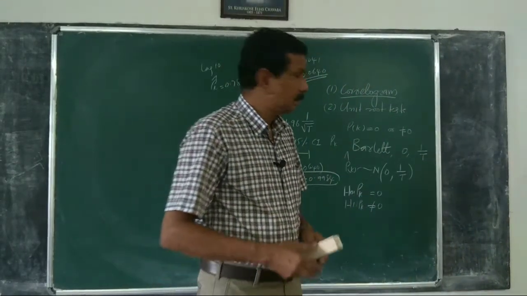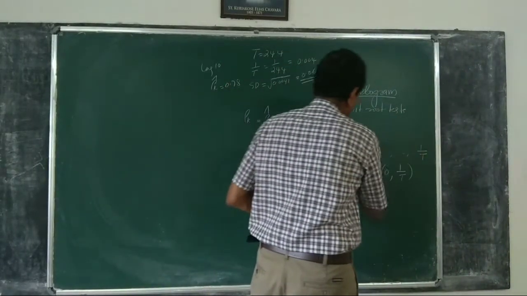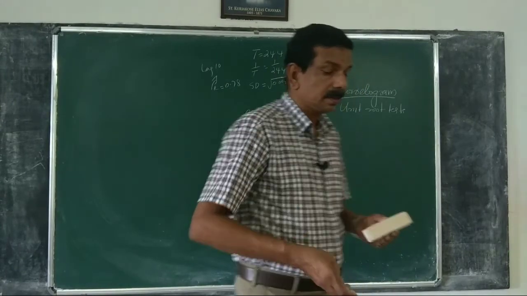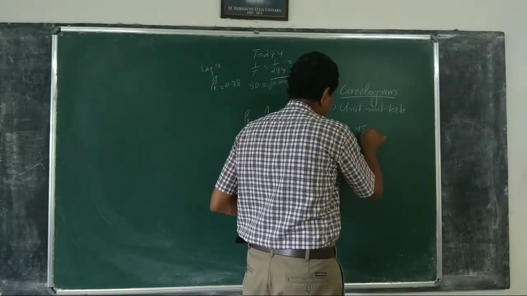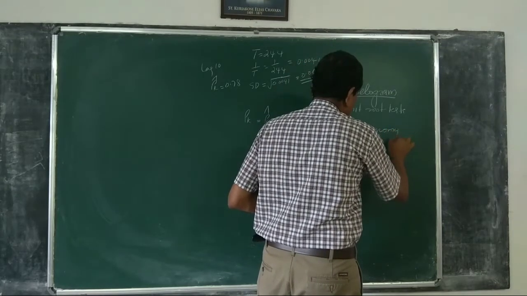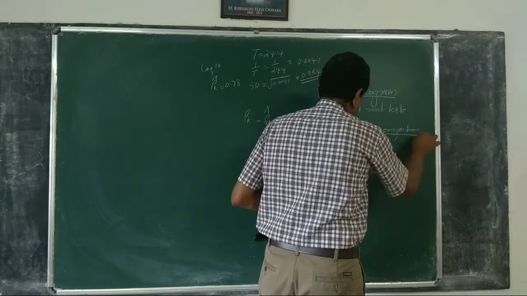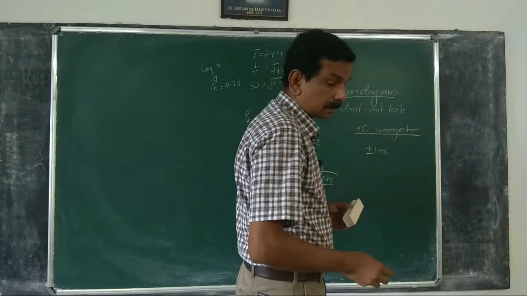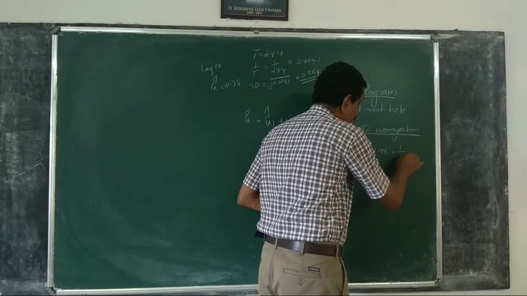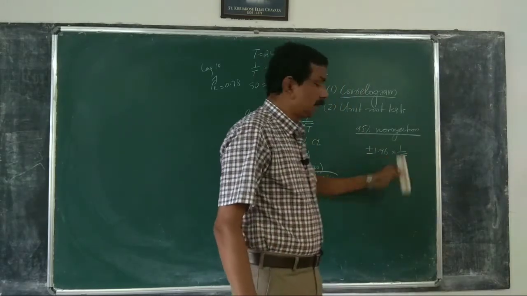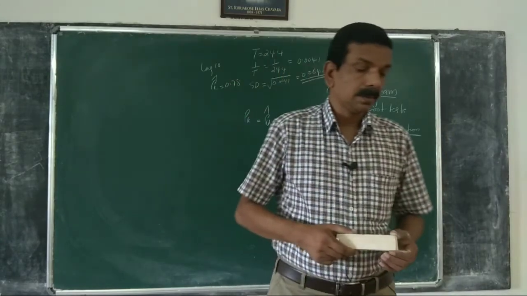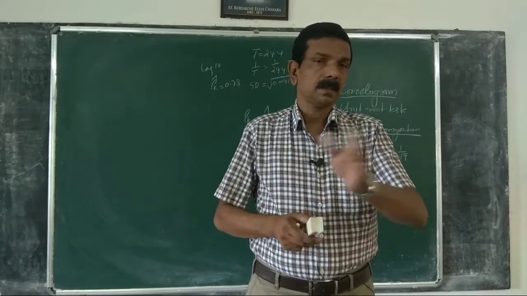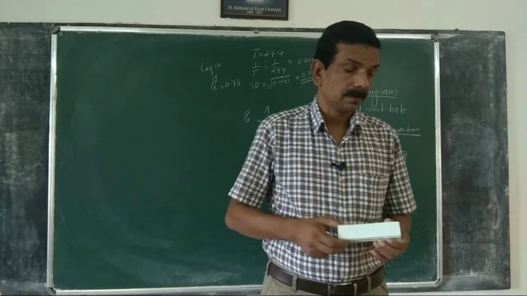Now, an alternative procedure is to think about the 95% non-rejection region as plus or minus 1.96 into 1 by root T. This can be used to test the hypothesis that a particular rho k is equal to 0.